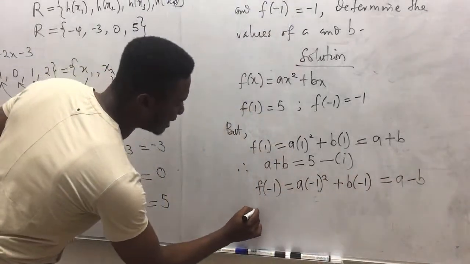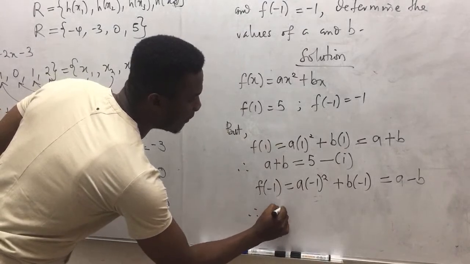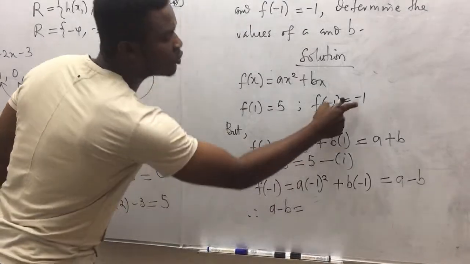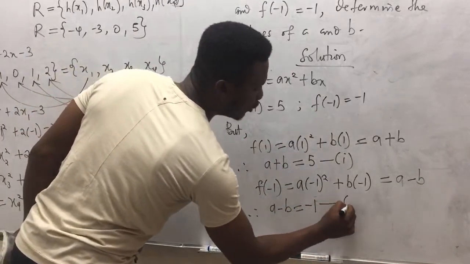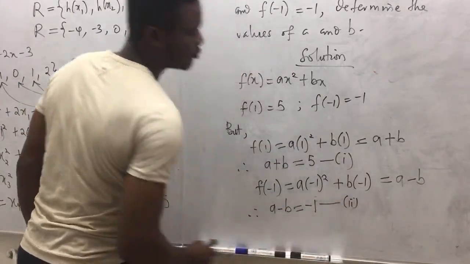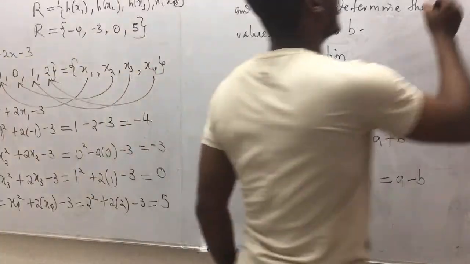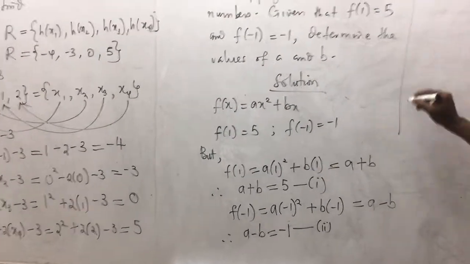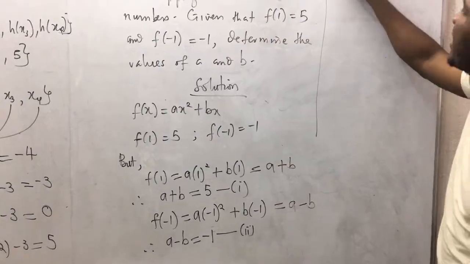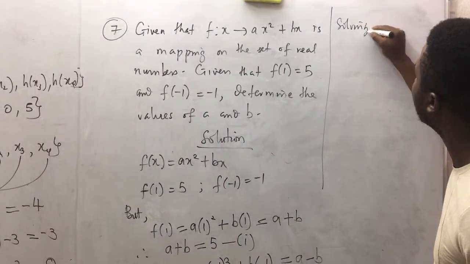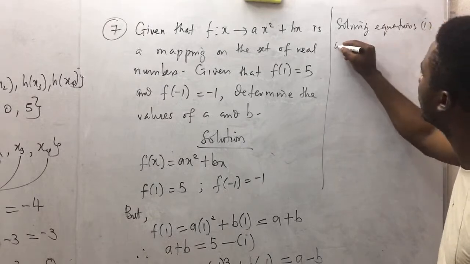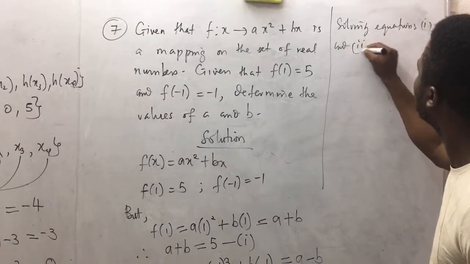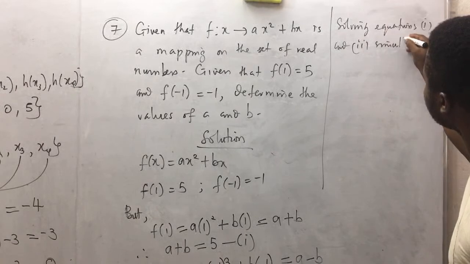Therefore a minus b is equal to minus 1. I will call this equation 2. Now, once you have obtained equation 2, you will now say, solving equations 1 and 2 simultaneously.